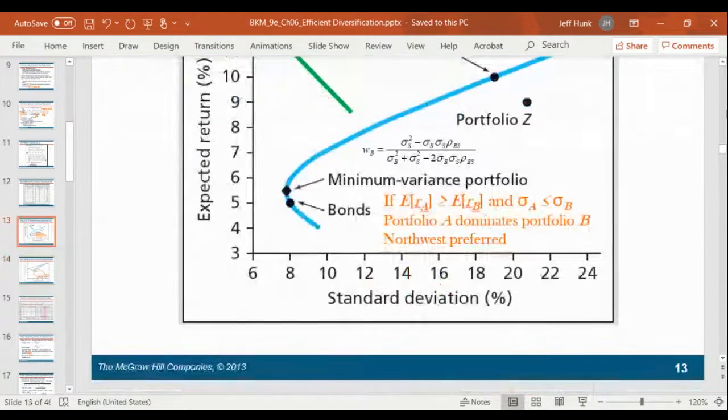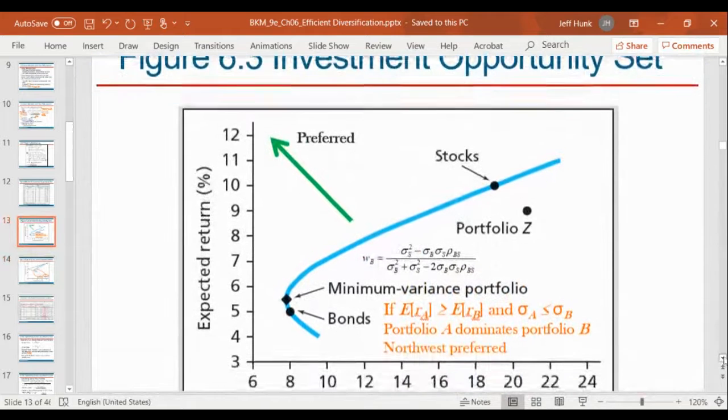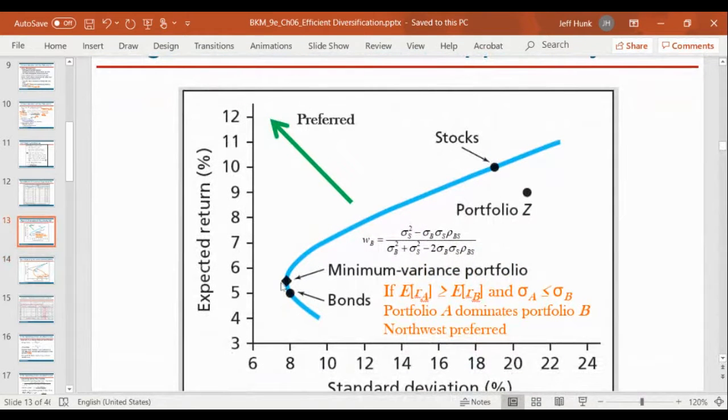Okay, and of course we already understand what is the minimum variance. This convex curvature of this investment opportunity frontier is convex, of course, and then this is the minimum variance point. And then the bond, actually, remember when we constructed this risky portfolio, right?